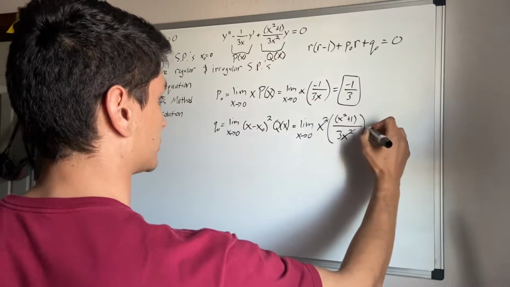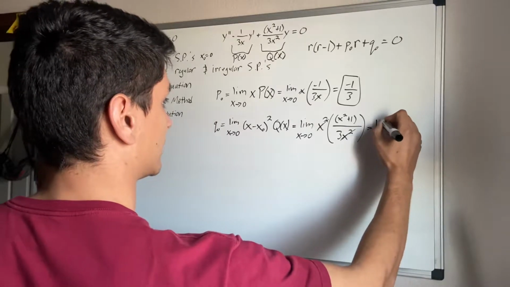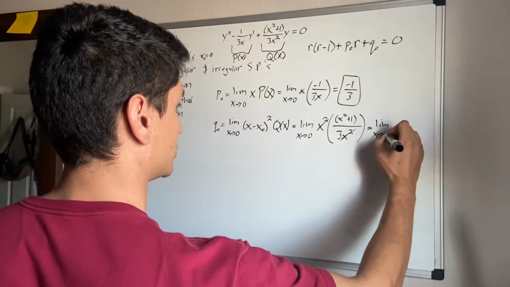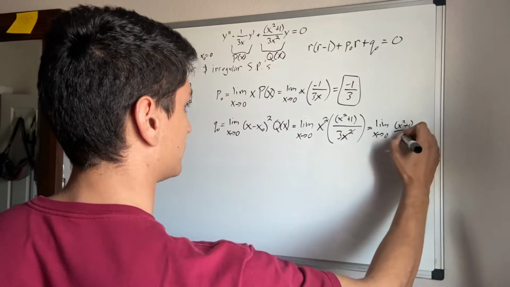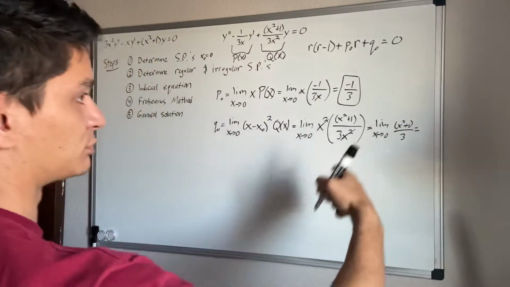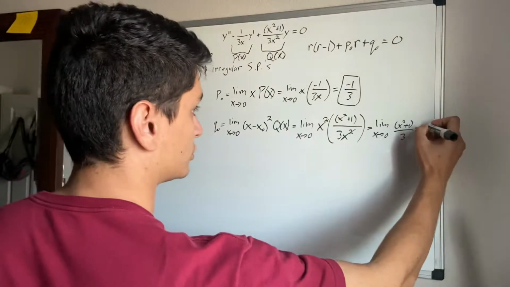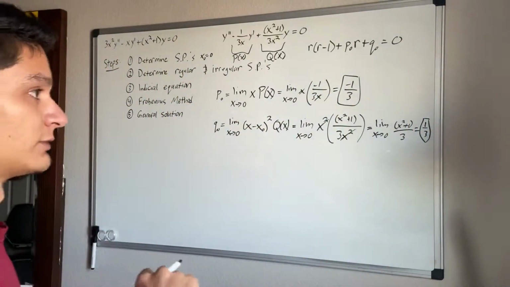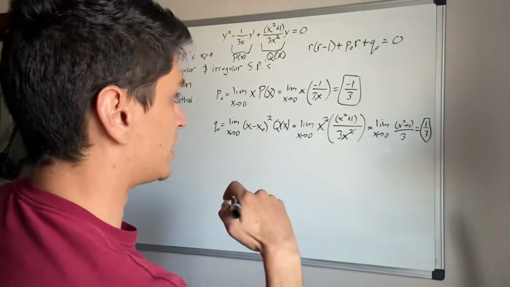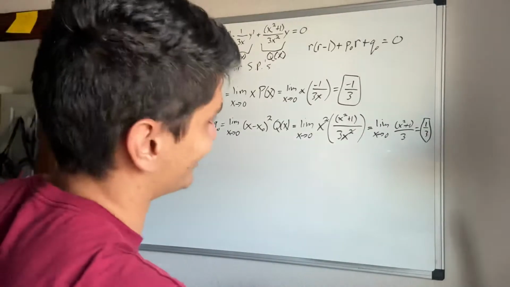The x squared terms cancel out, and we're left with the limit as x approaches 0 of x squared plus 1 divided by 3. As x approaches 0, the limit approaches 1/3. I hope you can see that from there. You can, because I set the camera up earlier.